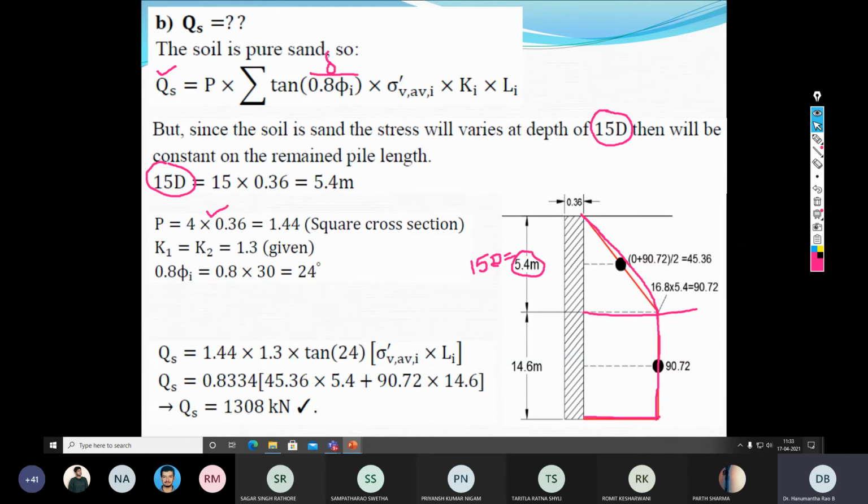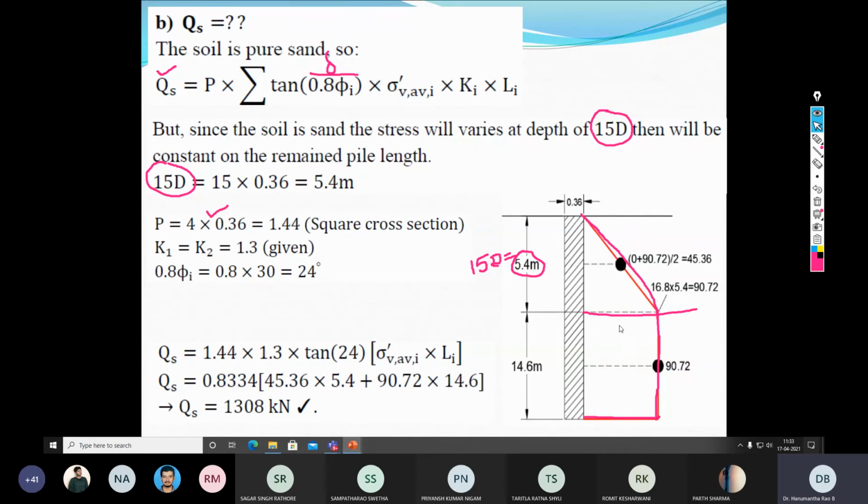Now another important step is how do you calculate the average increase in stress. Here the increase in stress is again calculated up to a depth of 15 times D, 5.4. Alternatively, you can also calculate layer-wise. But the effective stress, sigma v dash, becomes constant at 15 times D, and thereafter it is constant.